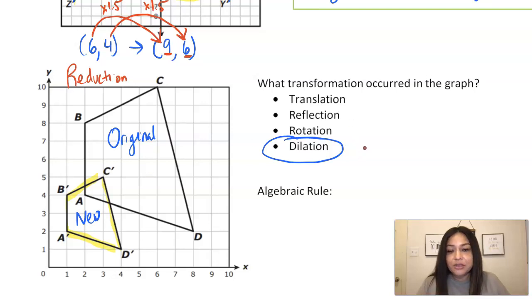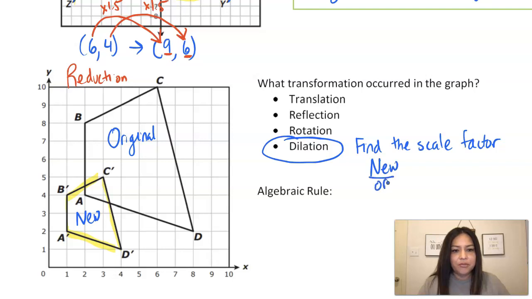But same rules apply. In other words, I still need to go ahead and find the scale factor. I always need to find the scale factor in order for me to write my rule for a dilation. How do I find the scale factor? The same way we did it before. We're going to have to divide new divided by original.